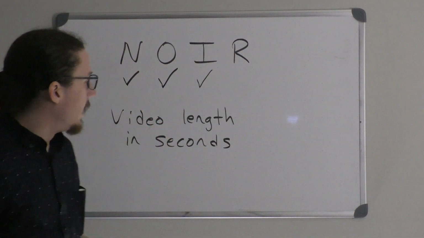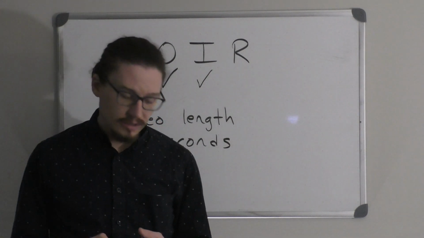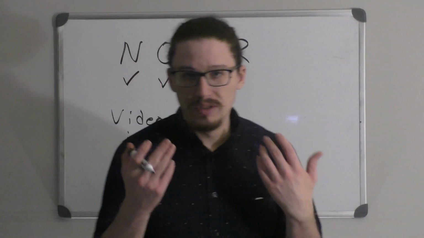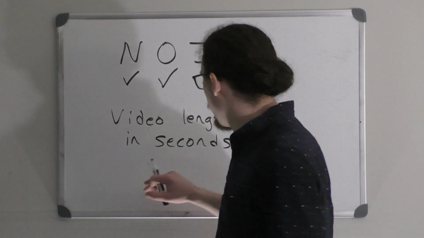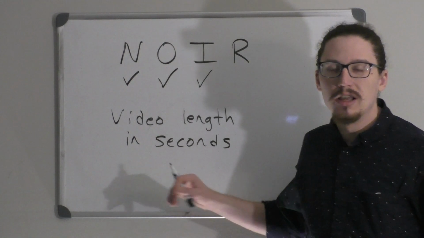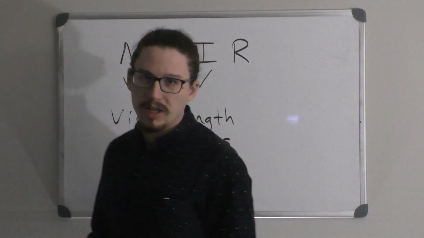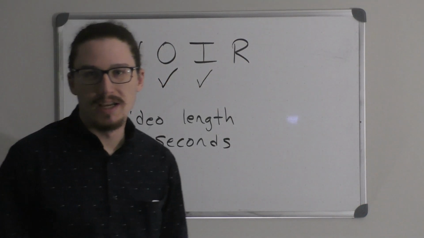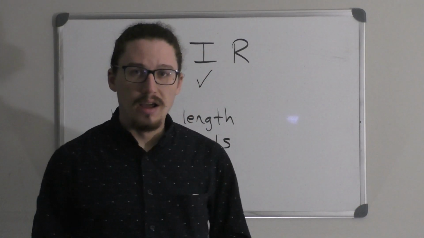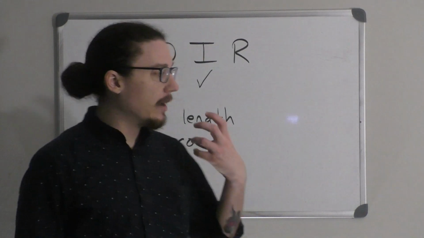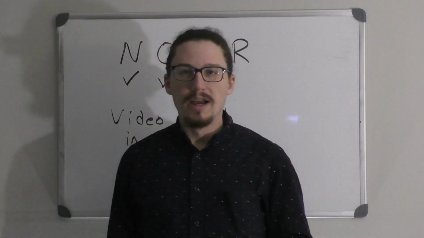And then finally with ratio, does it have a meaningful zero value? A couple of ways we can look at this. If we just think about 0 seconds, what does that mean? Especially in this context, if we have a video that's 0 seconds long, it means that we don't have a video, because it has to be longer than 0 seconds for us to actually see it. So that is meaningful.